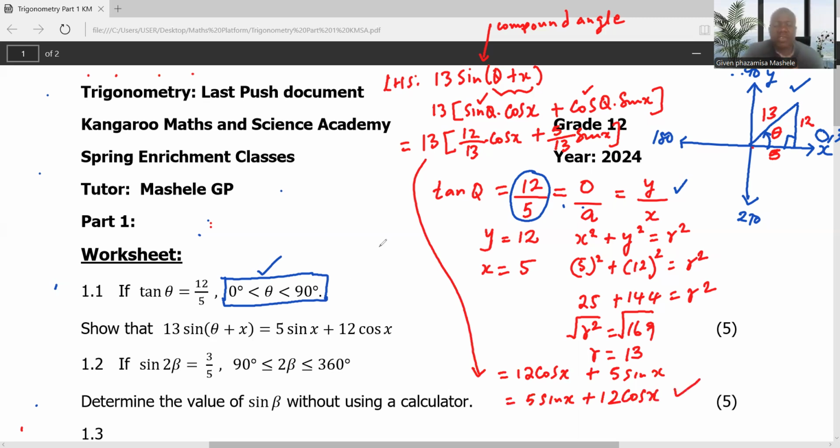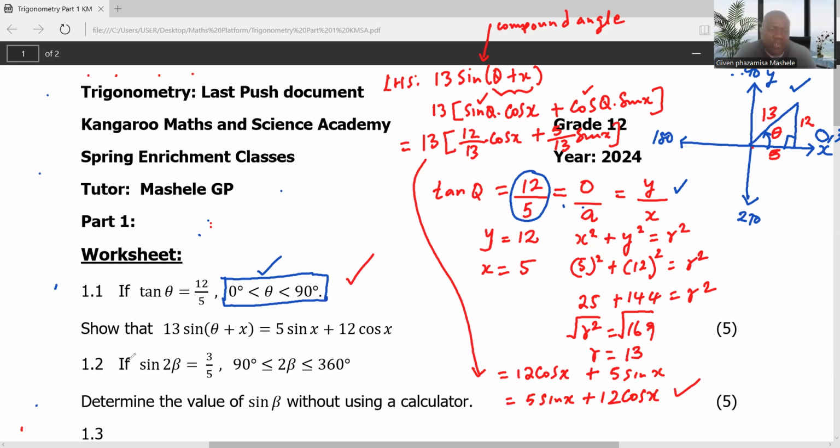So we have answered the question. In most cases, ladies and gentlemen, when we are given trig ratios with conditions like this, you must know we have to construct a right-angle triangle. I believe you're following. Now let's move on to the next question.